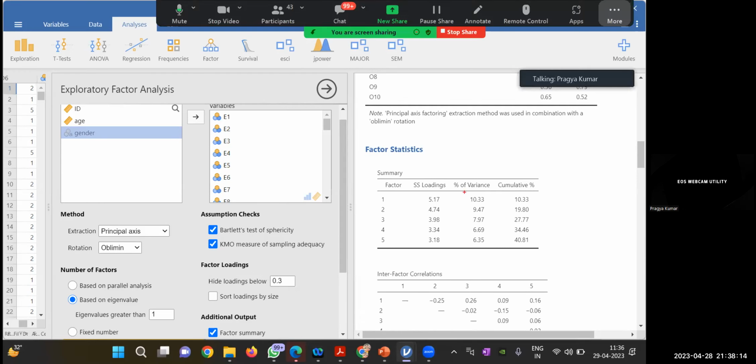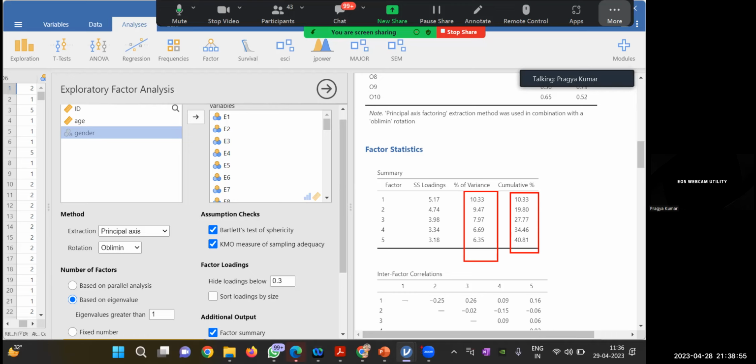Factor 1 is able to explain 10% of variance, 9.47% in factor 2, 7.97% in factor 3, 6.69% in factor 4, and 6.35% in factor 5. These 5 factors together, if you see the cumulative, are able to explain only 40% of your variation.